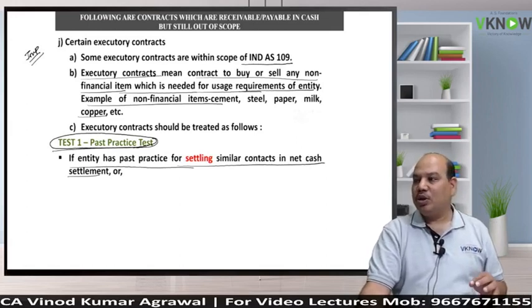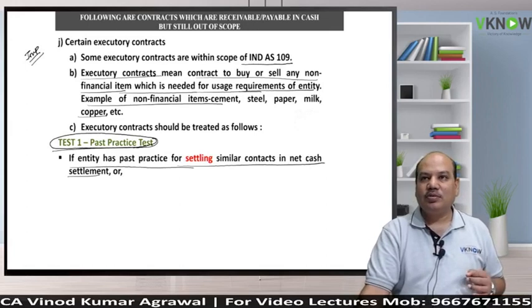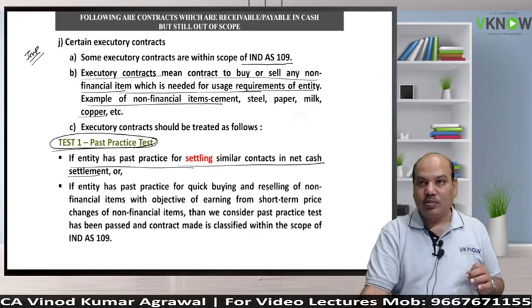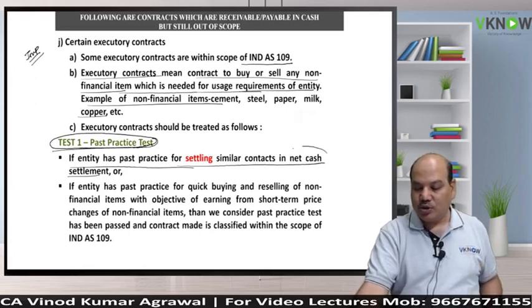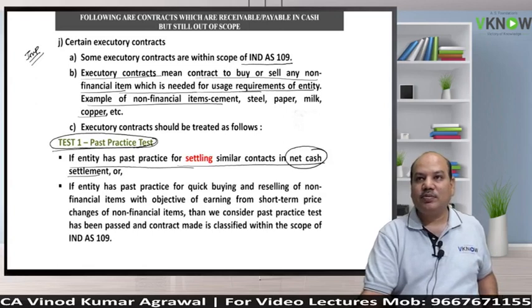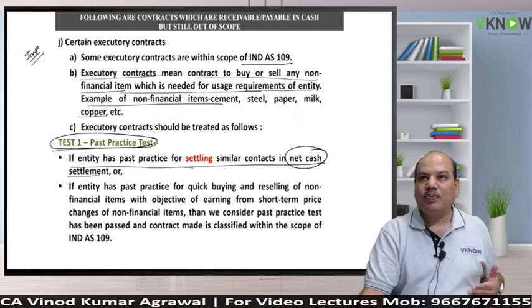They are only betting on the price movement. If you are betting only on the price movement, the standard says it's a derivative, because you are settling on a net basis. It is not actually a genuine contract to buy the underlying goods, but a contract to make profit.